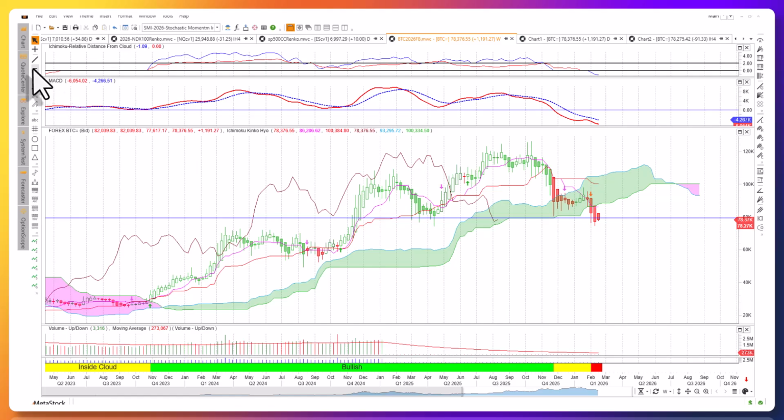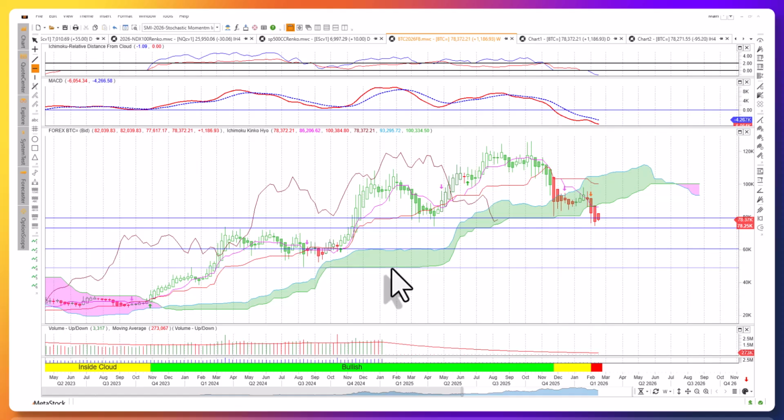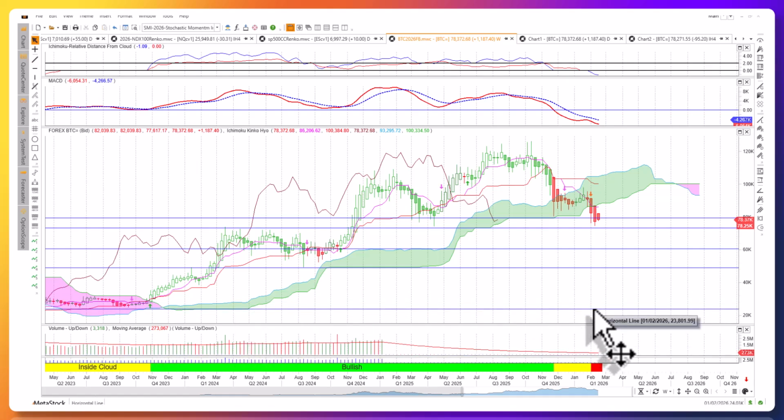The other critical level to watch out for: let's say we don't get this successful rebound here, then the next downside target for the risk is this one at 73, and then the next downside support target is the top end of the cloud here at 60,500 roughly, and then the bottom end of the cloud here is this zone at 49,000, and then the big downside risk target is this cloud chart support zone here at 23,000. So there's significant downside risk in Bitcoin if it fails to rebound from these cloud chart levels. So watch out for those.